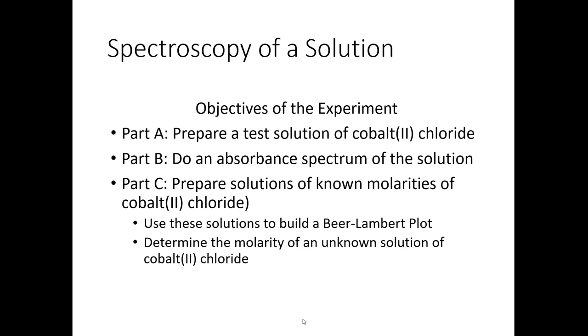And in part C, we're going to take the test solution and prepare solutions of known molarities. We're going to do these by dilution. And we're going to use them to build a Beer-Lambert plot, in other words, of absorbance versus molarity, and then we're going to use that plot and its equation to determine the molarity of an unknown solution of cobalt 2 chloride.